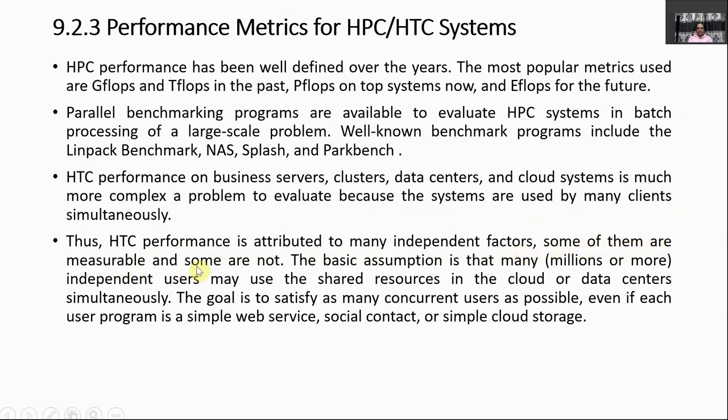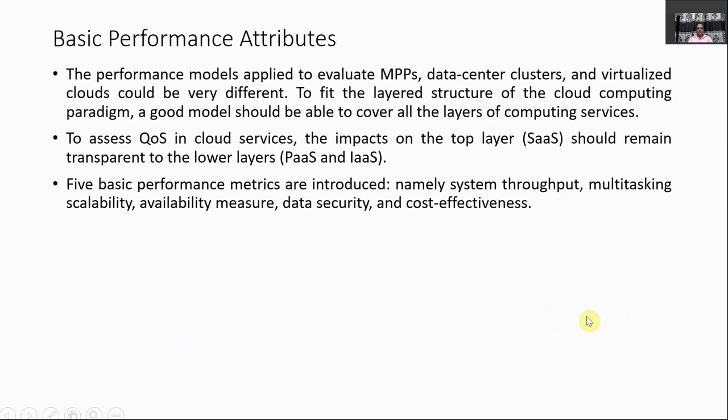Some of them are measurable and some of them are not measurable. The basic assumption is that many independent users may use the shared resources in the cloud or data centers simultaneously. The goal is to satisfy as many concurrent users as possible, even if each user program is a simple web service, social contact, or simple cloud storage.